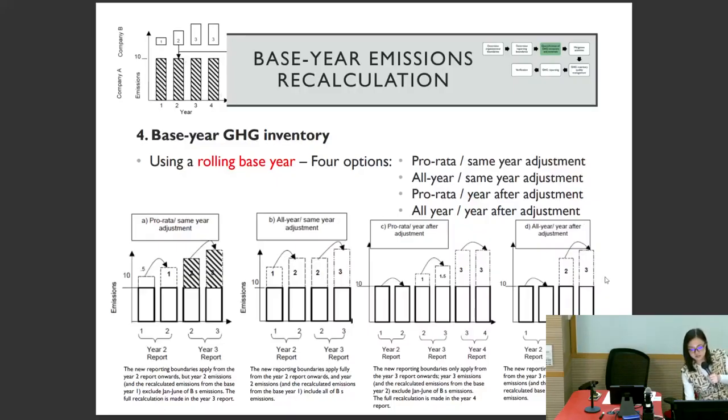So in the year 3 report, we will consider the acquisition, and it is all year. By the end of year 2, Company A will own Company B, then Company A is responsible for 100%. So in the year 3 report, the base year adds 100%, and year 3 also 100%. Okay, so this is how we recalculate the base year emissions.